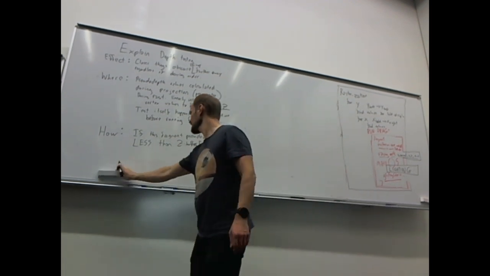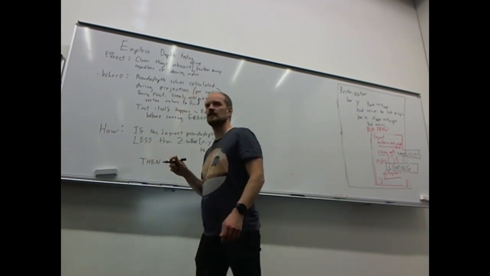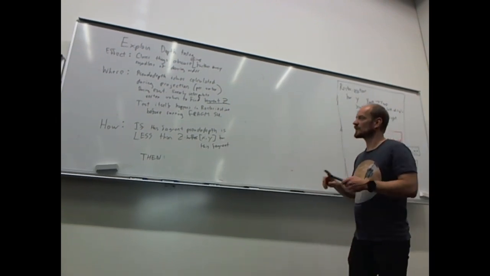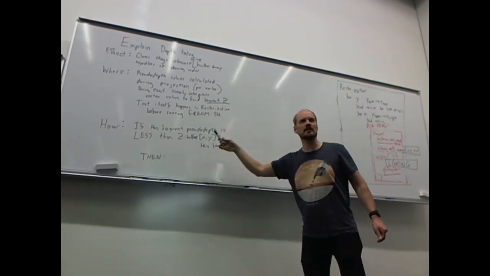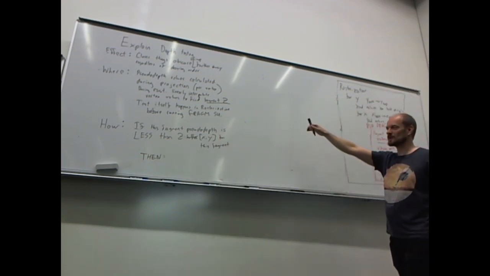So we've got the if sentence: if it's less than the Z buffer. What do we do then?